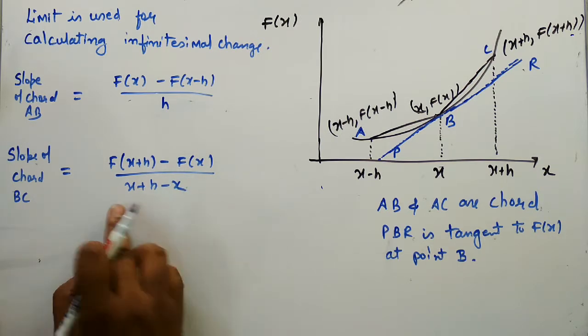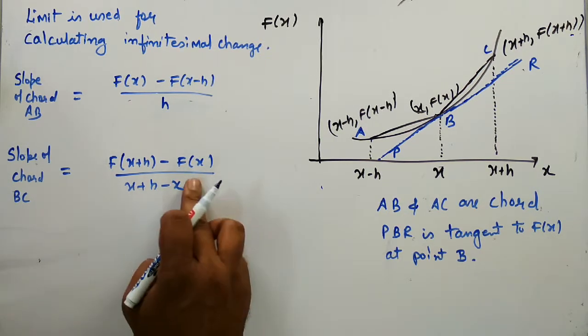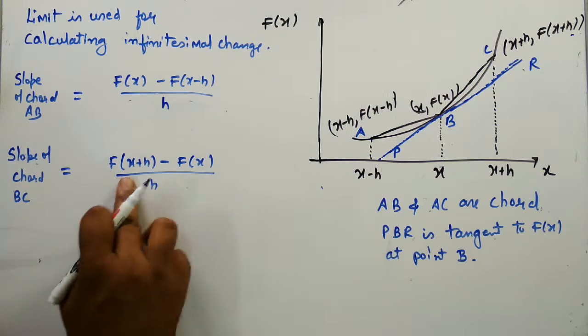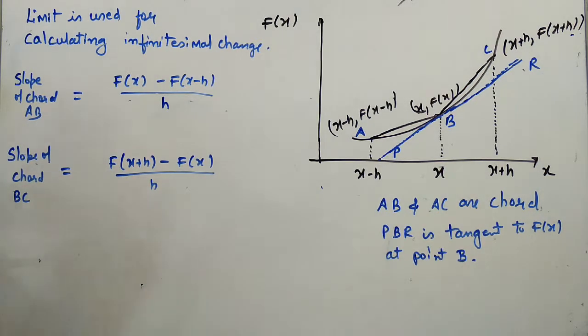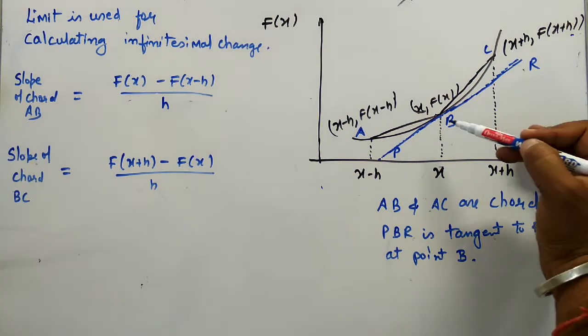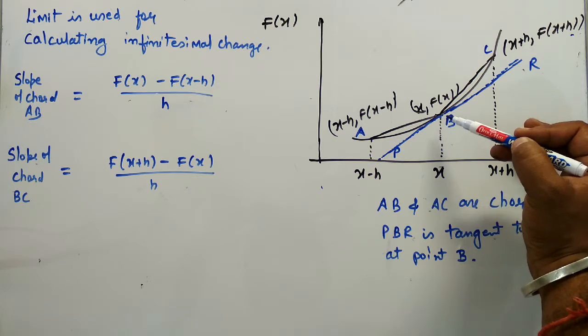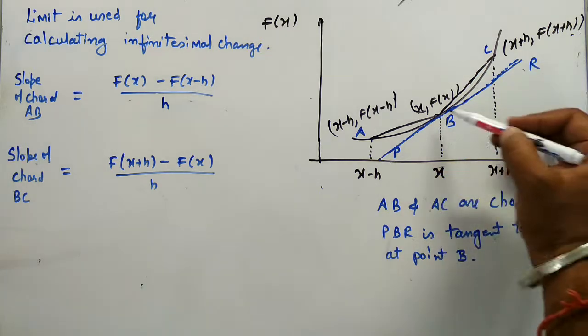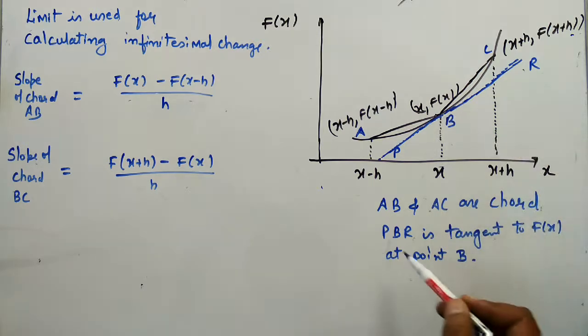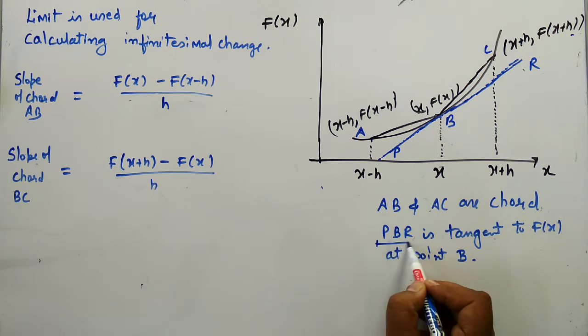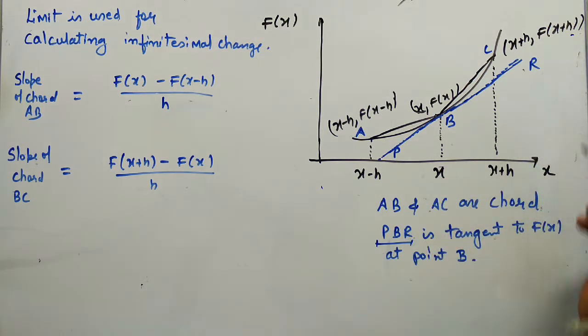This x and minus x will get cancelled, so h will remain only. Now at point B we can see that there is a tangent at point B, which is PBR. This PBR is a tangent to f(x) at point B.